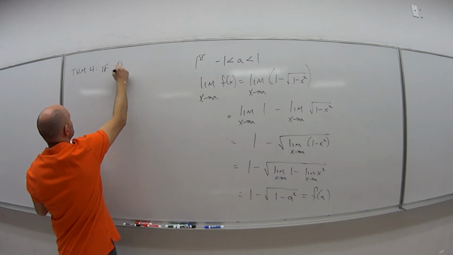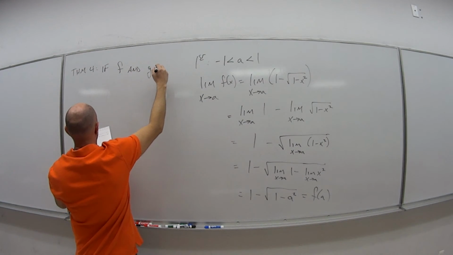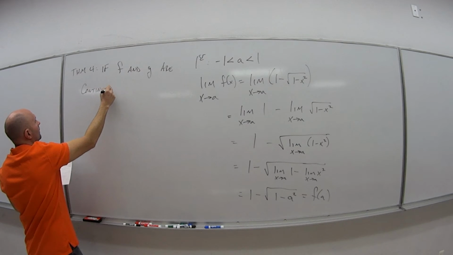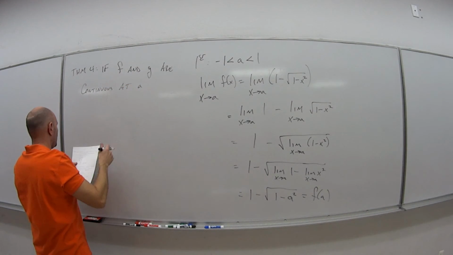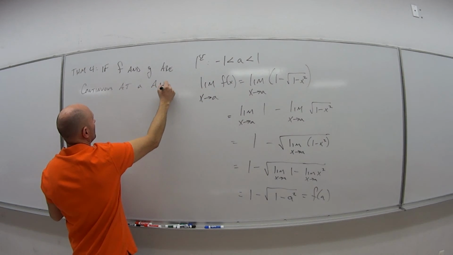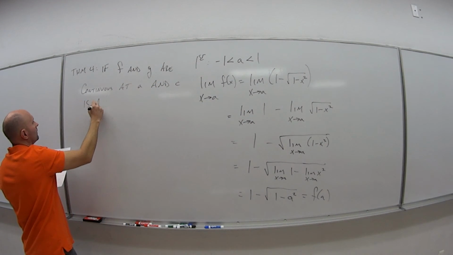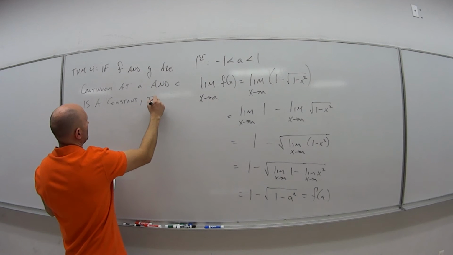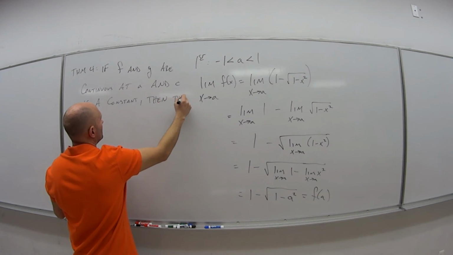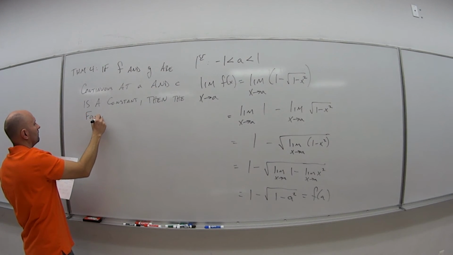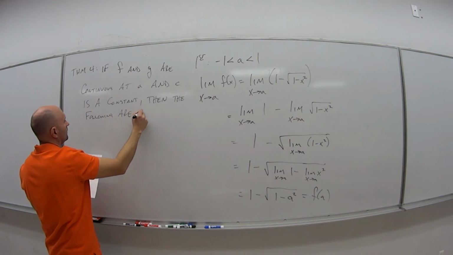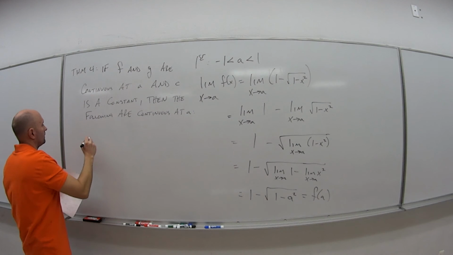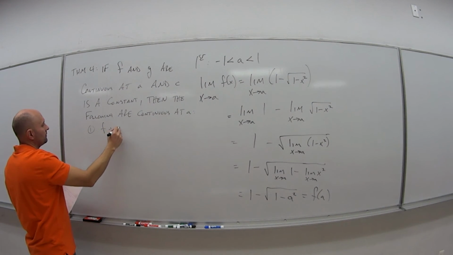So we have if f and g are continuous at A, and c is a constant, then the following are continuous at A. The first one is if we add these functions.